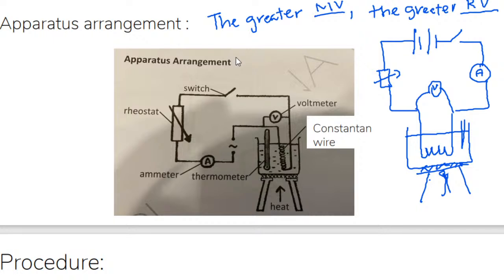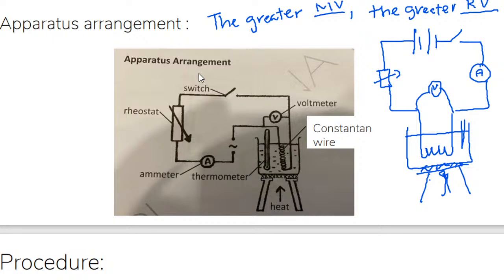In what situation do you use RV first? In what sentence? Can anybody suggest?